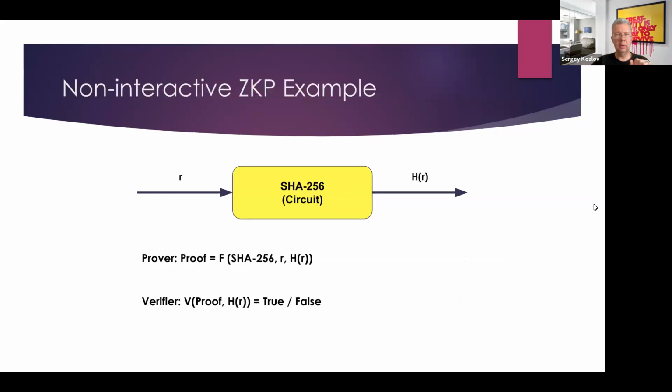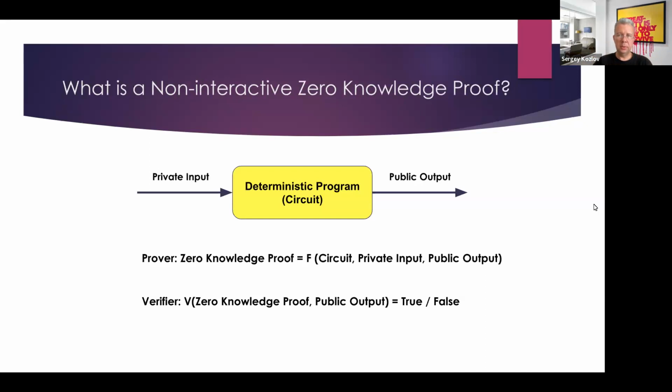And here is an example of a non-interactive zero knowledge proof. Let's suppose we have a circuit. Of course, you have to understand that it's not possible to calculate the private input from the public output. If, for example, it's a simple arithmetic function, 2 + 2 = 4, and our private input is 2 and 2 and the public output is 4, then we do not need any proofs.